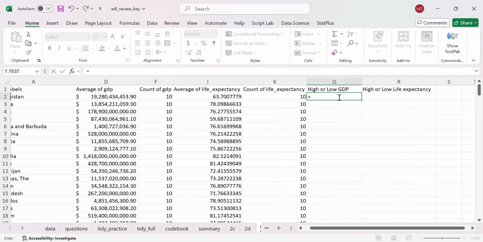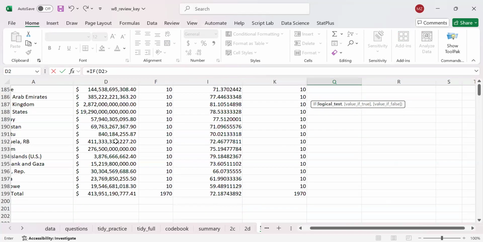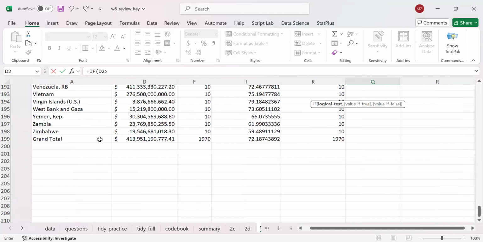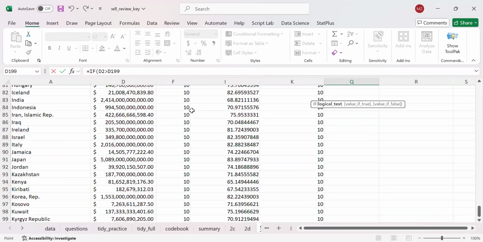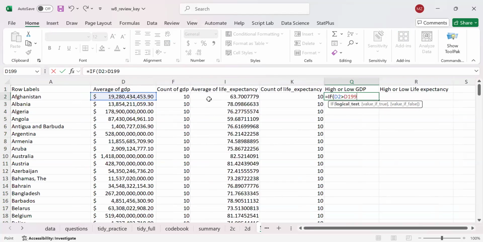So IF, and our logical test is: if the average of GDP for that country is greater than the overall average, so is it higher than the overall average here, the grand total? Is it higher than the overall average? Then say high.